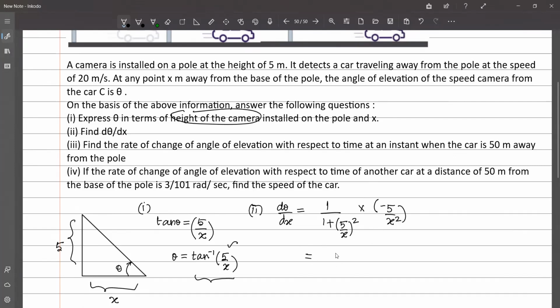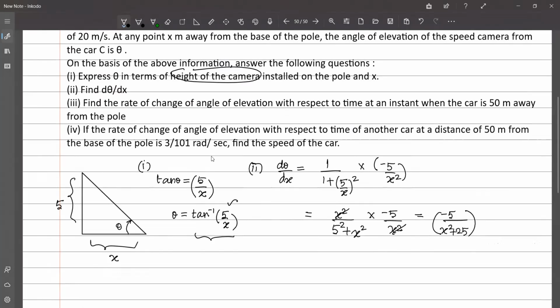So that is equal to x square on top divided by x square plus 25, times minus 5 divided by x square, cancel. So it becomes minus 5 divided by x square plus 25. That is the rate of change of angle of elevation with respect to x.